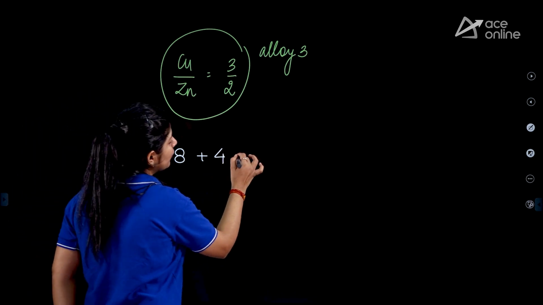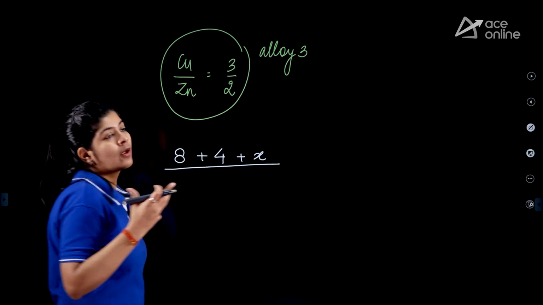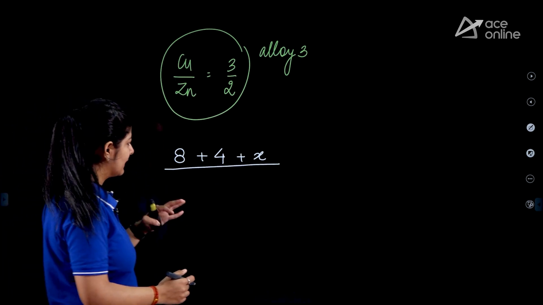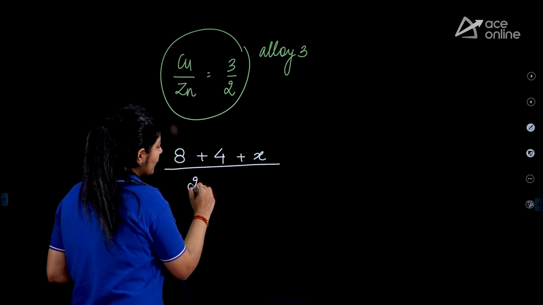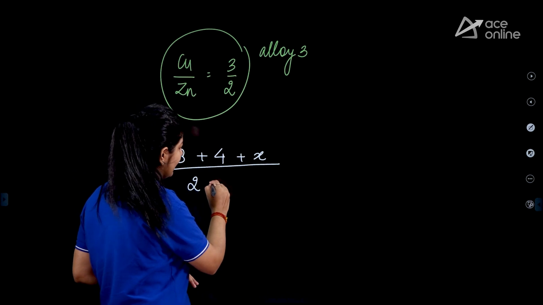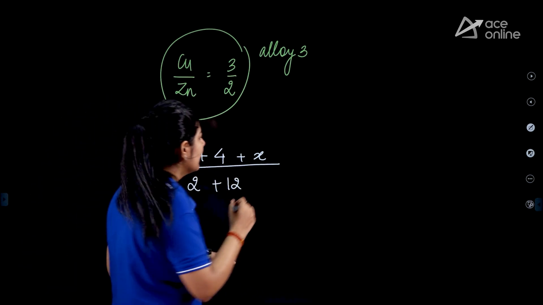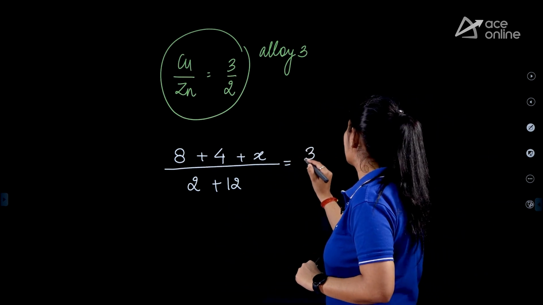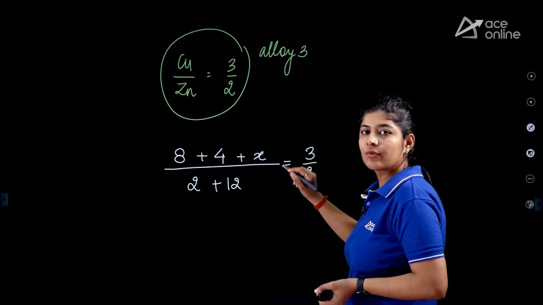Now I don't know the quantity of pure copper that I mixed, but I know that I am taking 2 kgs of zinc and 12 kgs of zinc from alloy number 2, and when I mix them together, in the final answer I get this value. So what you have to do is simply cross multiply.